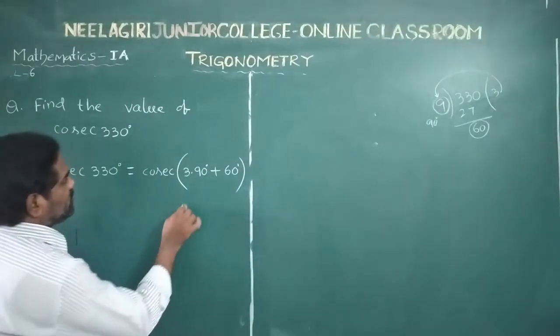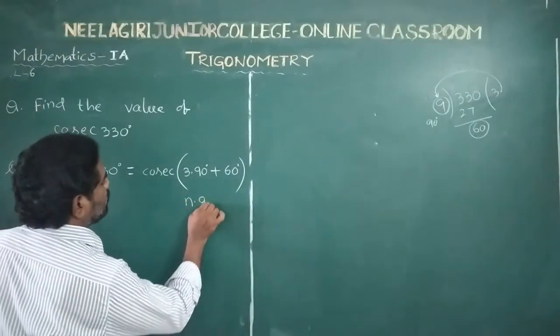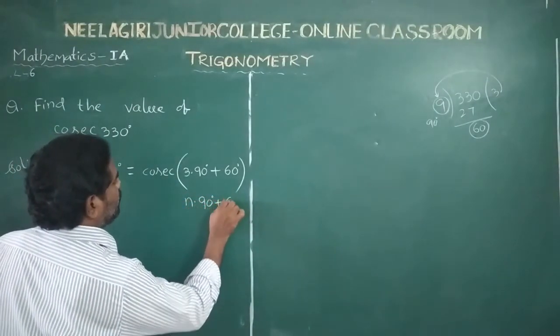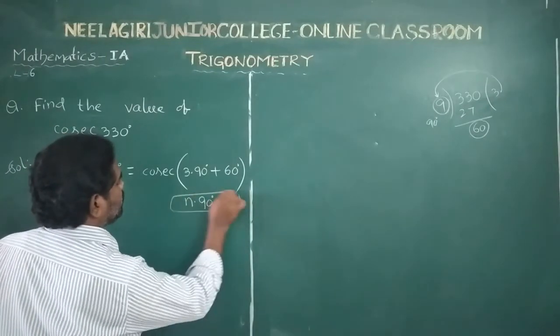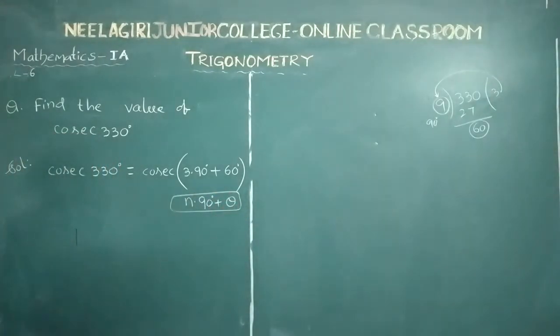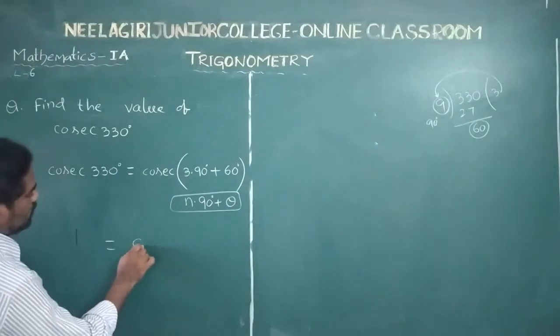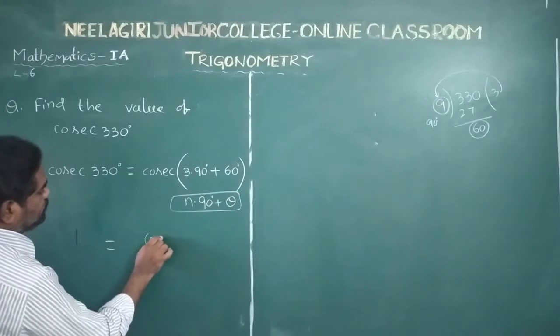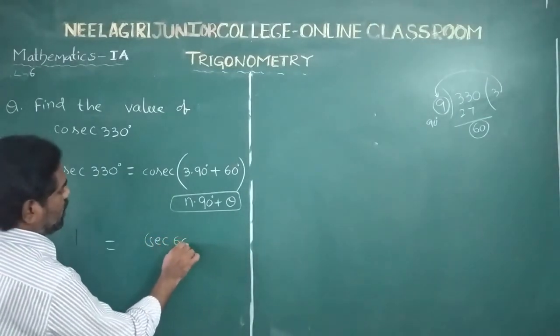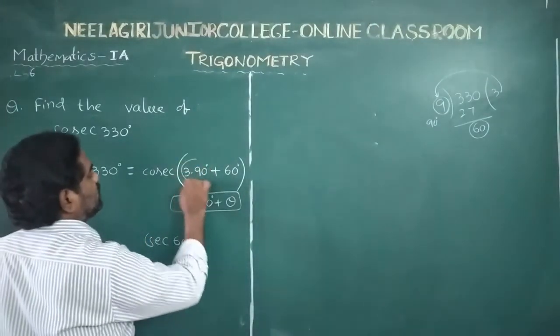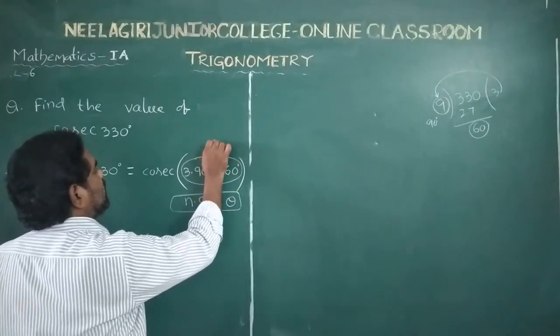Now this is in the form of n into 90 plus theta. n equals 3, an odd number, so cosec changes to sec, angle 60. This angle lies in which quadrant?